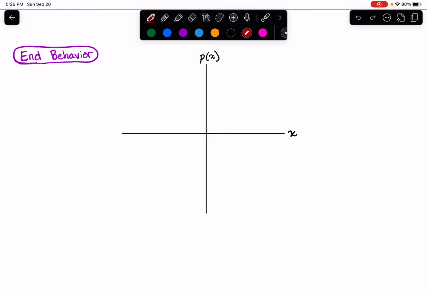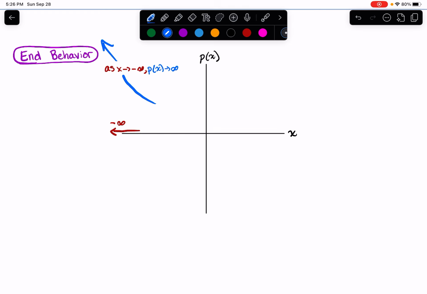So let's look at the left side first. If our polynomial is going up to the left, we would say as x approaches negative infinity, p of x approaches positive infinity. So this means that our polynomial is heading up to the left.